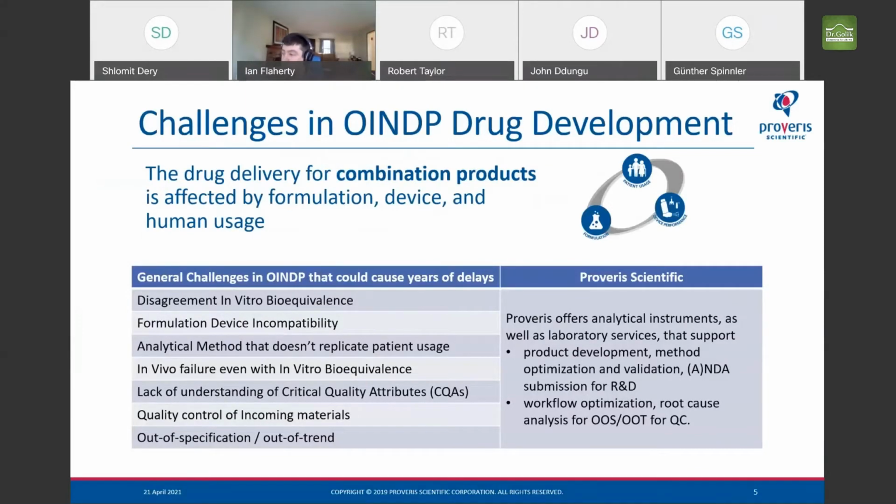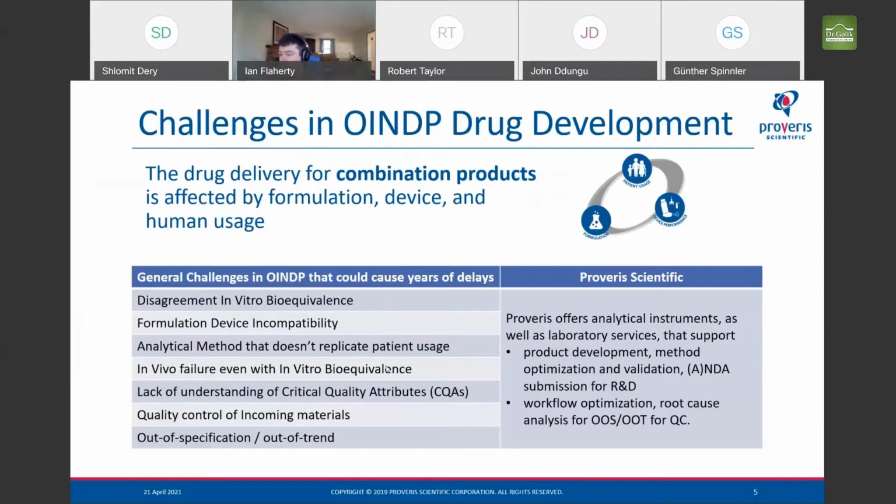A lot of projects have gotten killed at the point where they just can't get past the approval stage because they can't demonstrate bioequivalence. This has started to take a turn in a good direction in the past couple of years. We've seen several major generic drugs approved, both for the US as well as European markets.